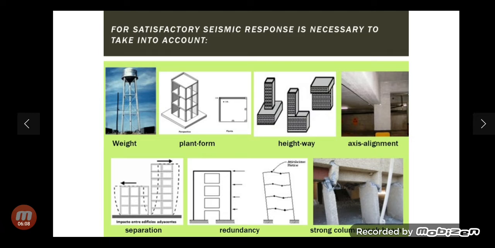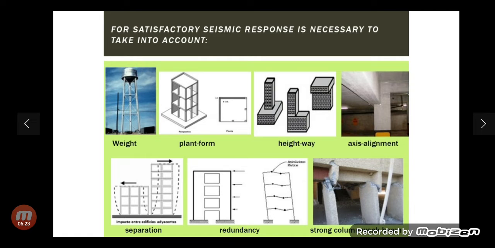Separation, that is, when buildings are nearby, within meters, the next building is considered. So the separation between these buildings has to be considered.